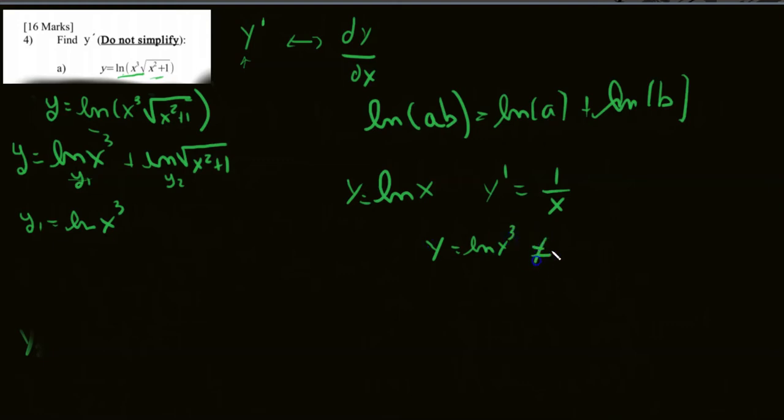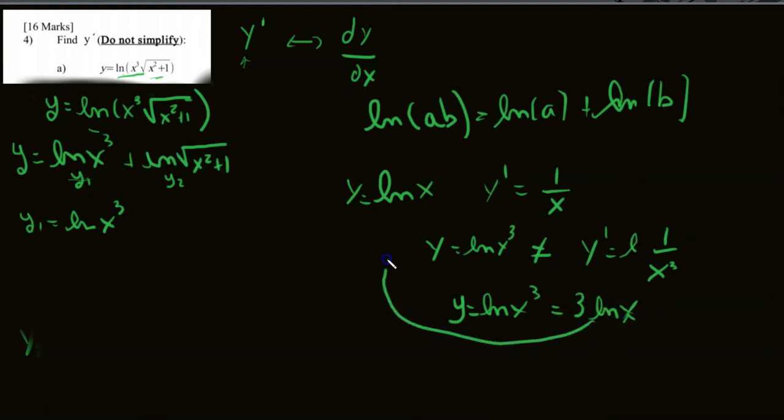is not 1 over x cubed. It's not like that. You have to do something with this cube, and you're going to use a natural logarithm rule where ln of x cubed is the same as 3 ln x. So now you have it in this form.